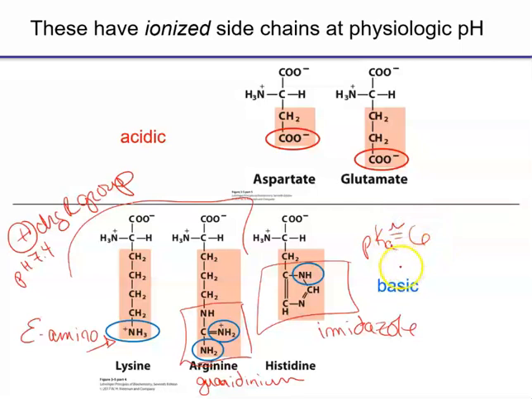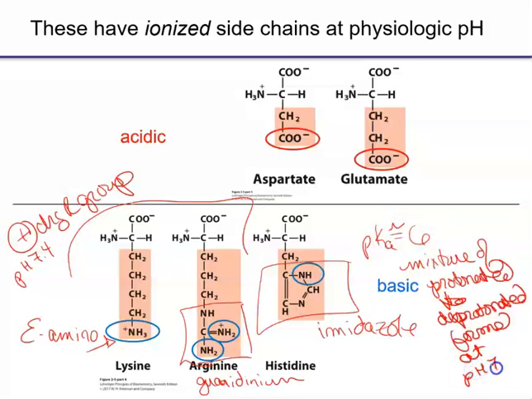And this means that we're going to have a mixture of protonated and deprotonated forms at pH 7 or pH 7.4, physiologic pH. So histidine is a special case. And if we add hydrogen to this imidazole ring, we would add the hydrogen here, and then we would have a positive charge.